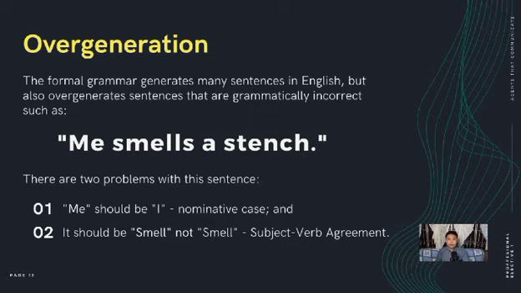For example, "me smells a stench." There are 2 problems in this sentence. It should be I, not me, and it should be smell, not smells. To fix these problems, we will first determine what the facts of English are, and then see how we can get the grammar to reflect the facts.